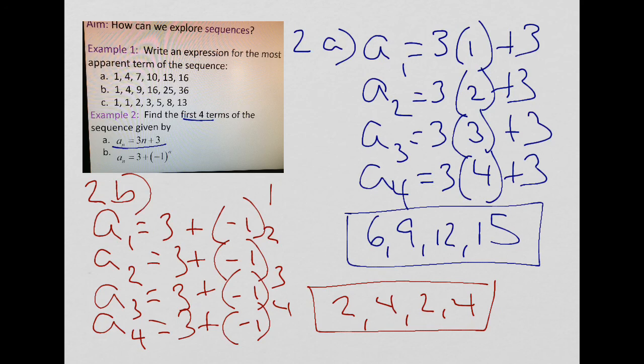So even though we weren't alternating with signs, we were alternating between the values of 2 and then 4, and then 2 and then 4. So you can see how or why that occurs, why we need the -1 there. So keep that in mind for future problems.